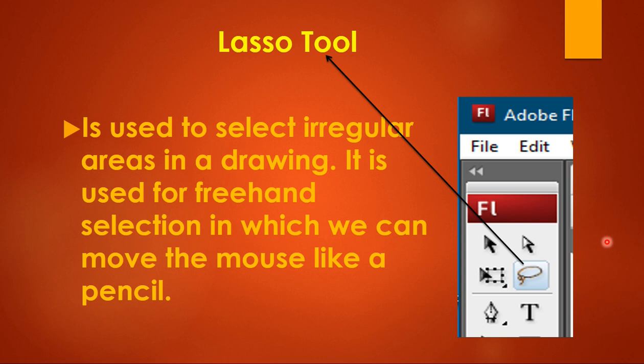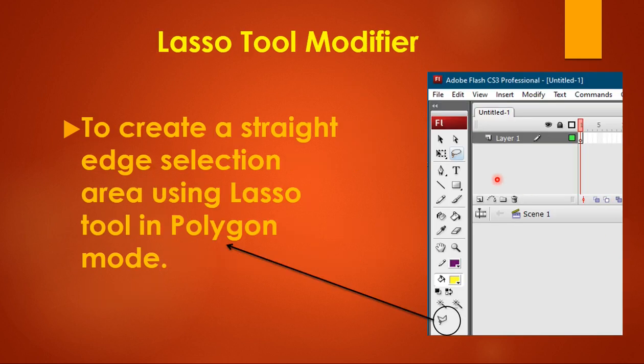And there is one more thing. This is the lasso tool modifier. It is at the end of the tools panel. Its shape is like this. To create a straight edge selection area using the lasso tool, we use polygon mode.